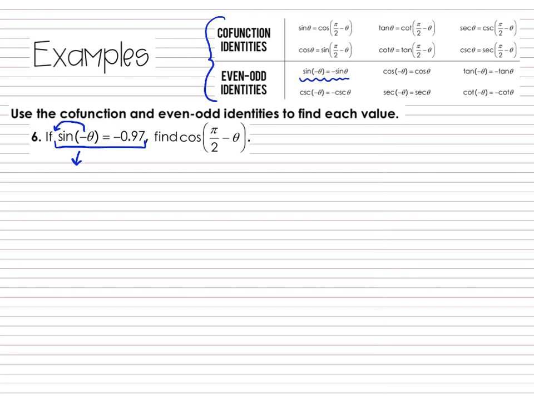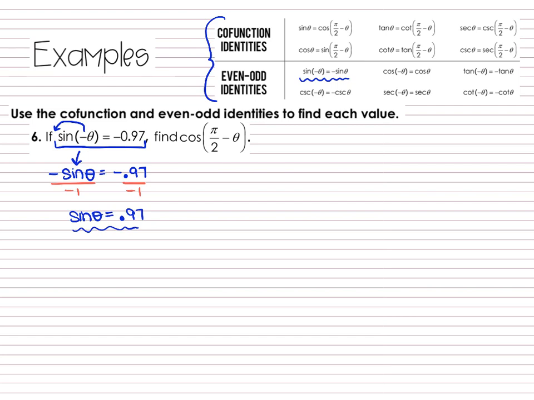So instead of the sine of negative theta, I'm going to write negative sine of theta equals negative 0.97. Then I can divide both sides by negative 1 to get that the sine of theta is equal to 0.97. So we just used the even-odd identity to simplify this sine of theta expression.